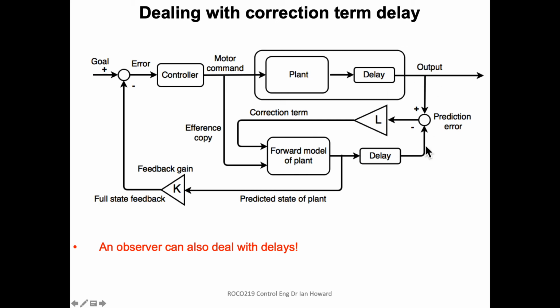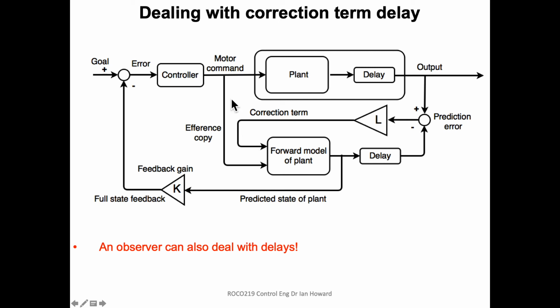So it's very easy for these systems to go unstable. So what you can do with the observer is make a model of the plant. When we use our state feedback here, we can make the model with no delay at all. And then we can get round the fact that this delay would normally cause all kinds of stability problems.